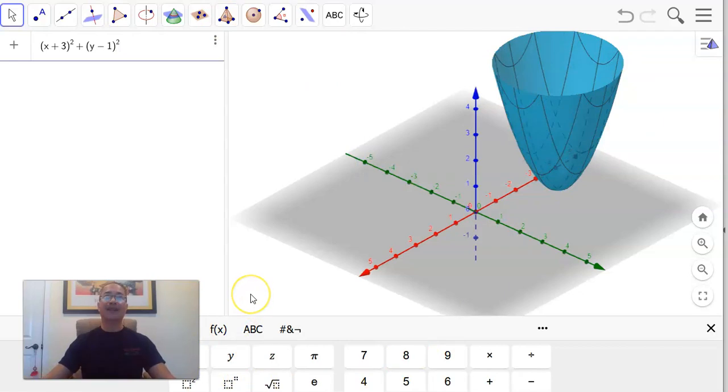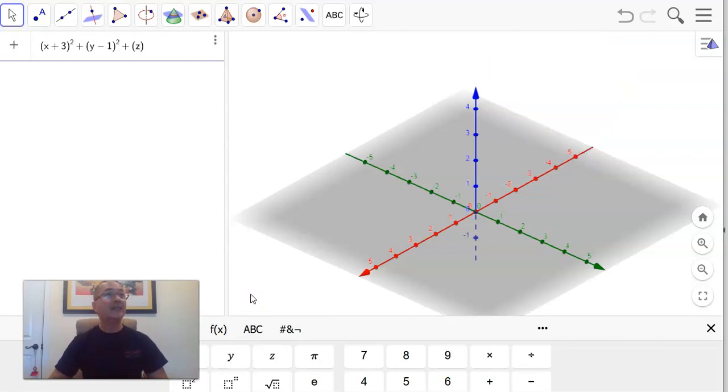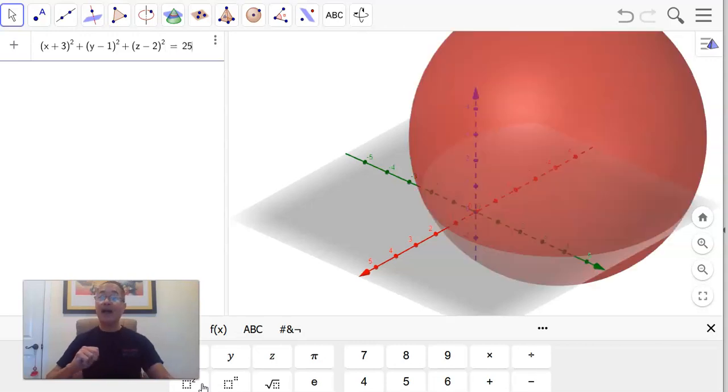So, now we have something very interesting. And then we have plus (z minus 2) quantity squared. Okay. Now it has completely disappeared. What are you doing? So let's put, how about 25?